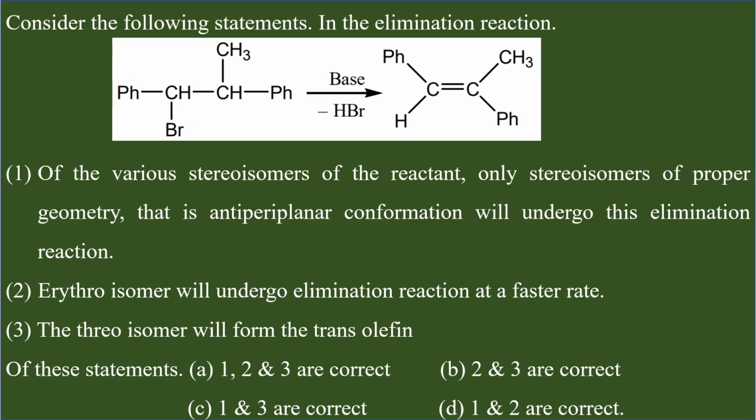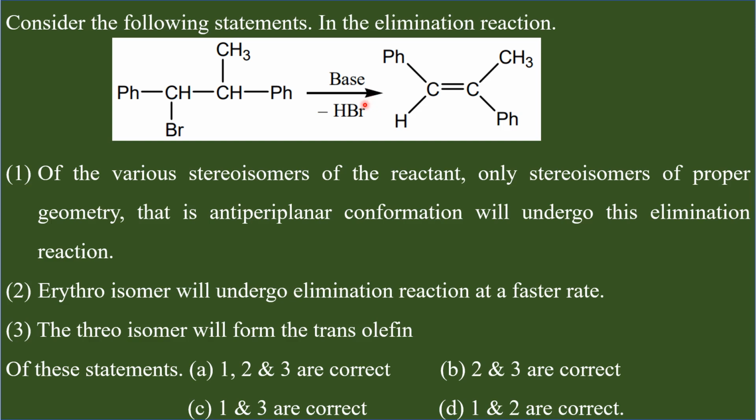Another problem here, consider the following statements about this reaction. In this elimination reaction, of the various stereoisomers of the reactant, only stereoisomers of proper geometry, that is anti-periplanar conformation, will undergo this elimination reaction.